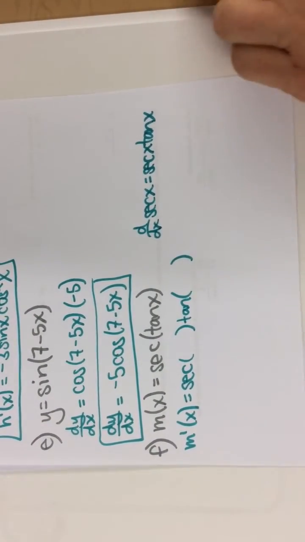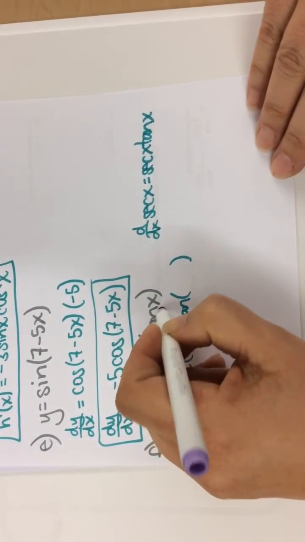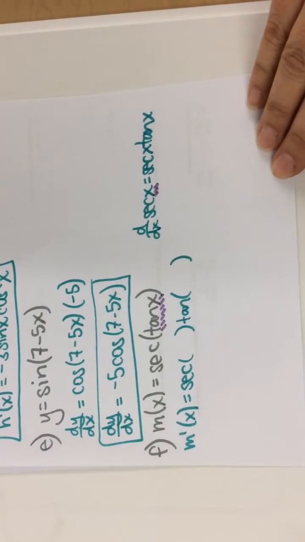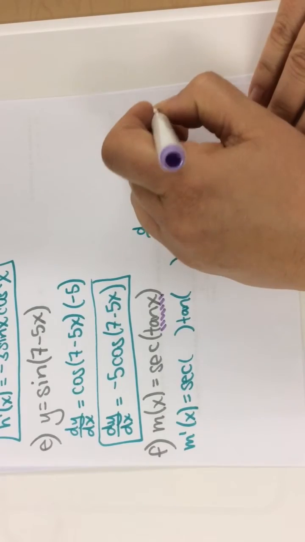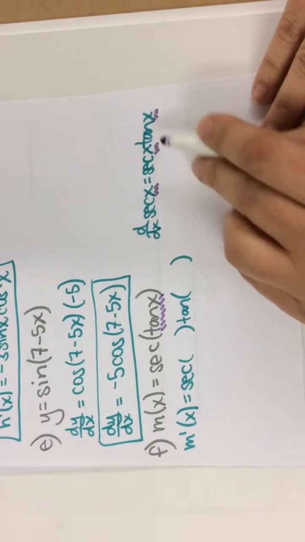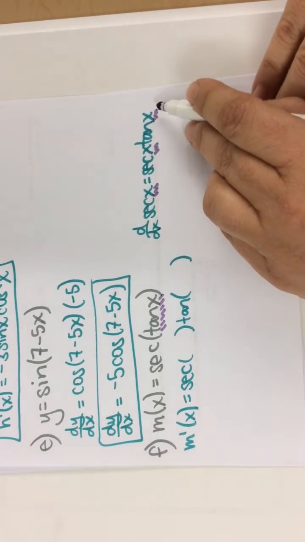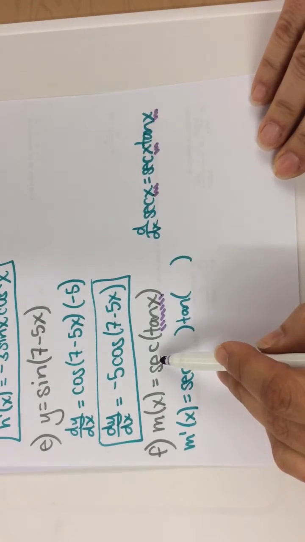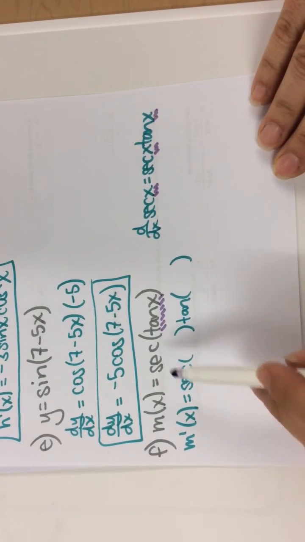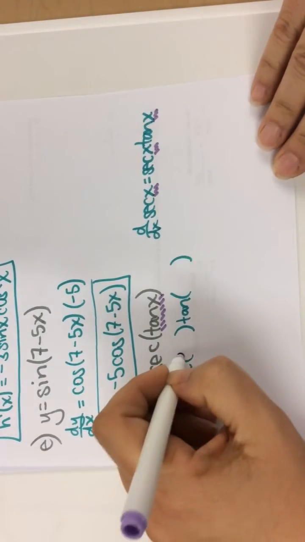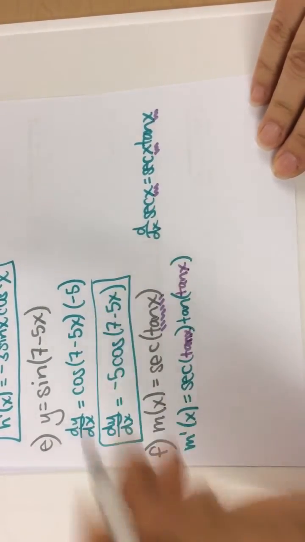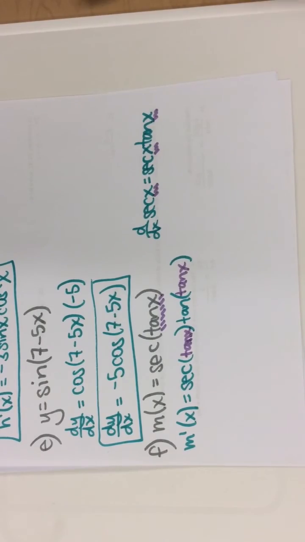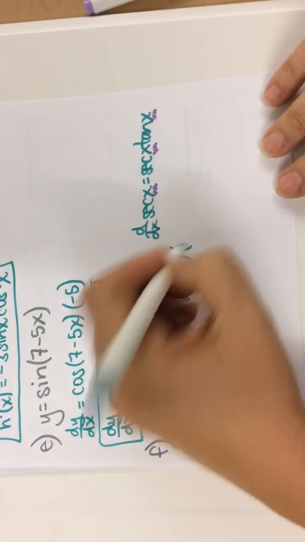But our argument in this problem, our angle, so here it was an x, right? Well, it's not just an x anymore. So whatever that argument in the original is what comes through in the derivative. So the derivative of secant of tangent x is secant of tangent x. Well, that angle is going to stay the same. This is like our equivalent of leave the inside alone. Then we multiply by the derivative of the inside.